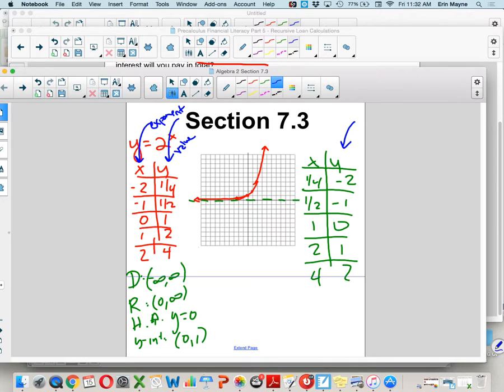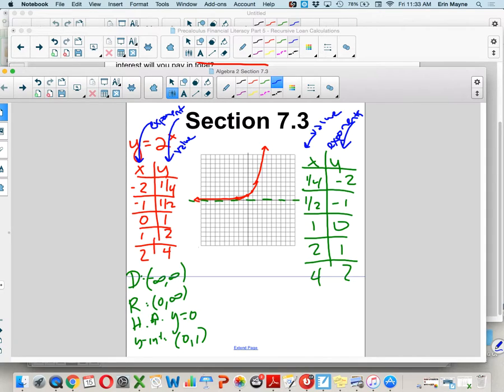Exponent. Thank you, very good. My exponent. From my other table, my y values are my exponents. And my x, kind of a weird word, but it's just my input value now. It was my output value before, now it's my input value.